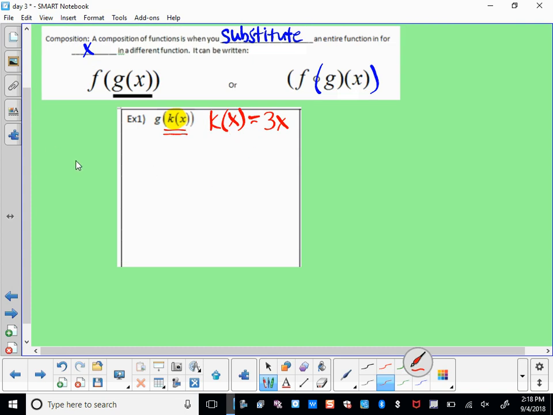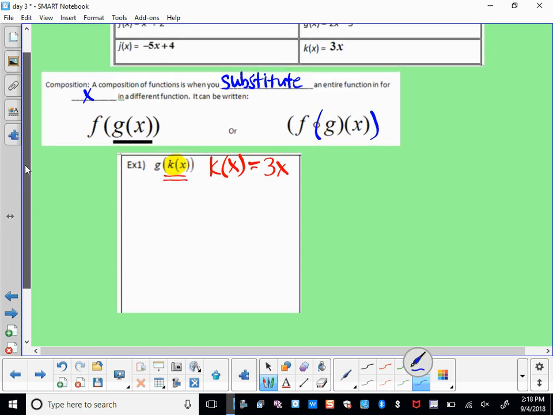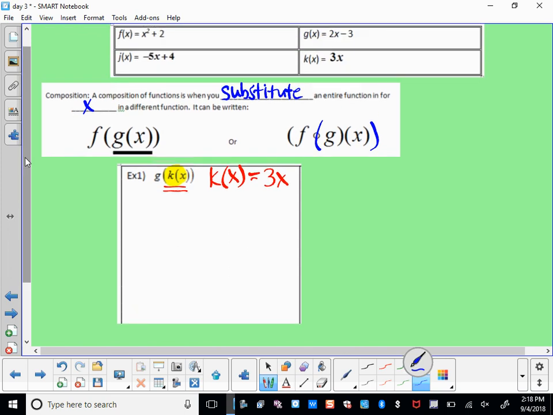On the outside, I have the function g. What is g of x, according to what they already gave me? It is 2x minus 3.